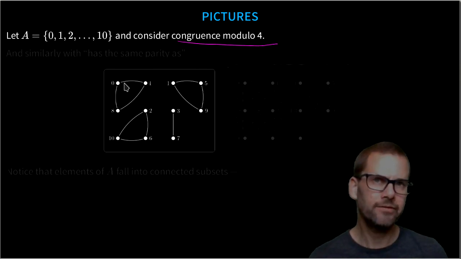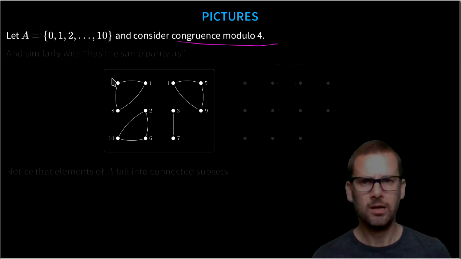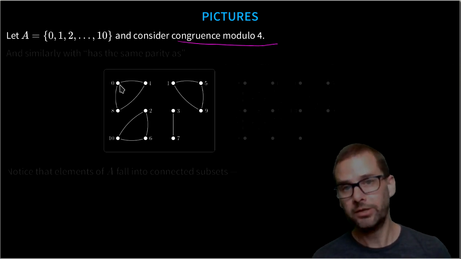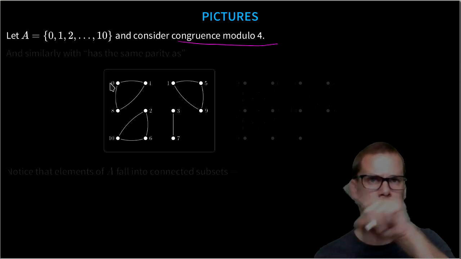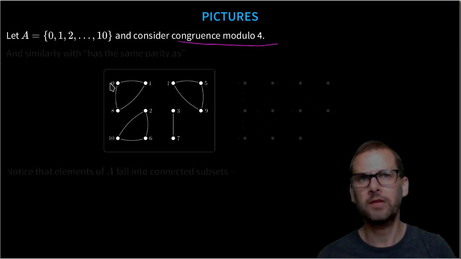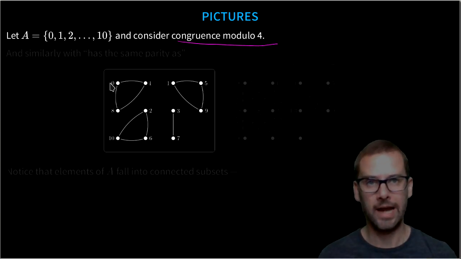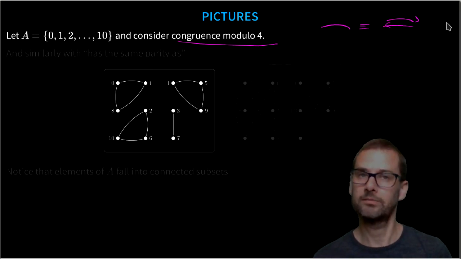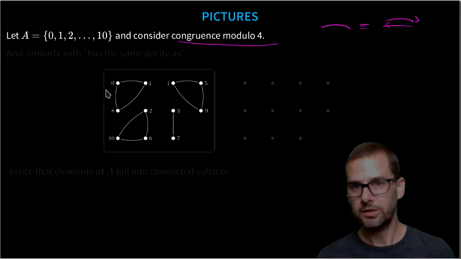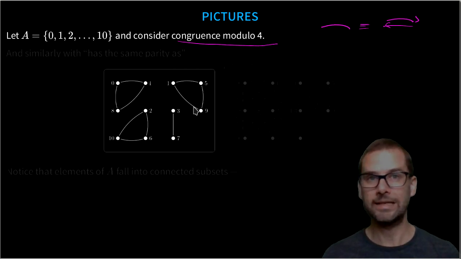And notice I haven't drawn arrowheads here because we know it's symmetric. So if 0 is related to 4, we know 4 is related to 0. So rather than drawing arrows everywhere in both directions, I'm just drawing an arc without an arrow, because we should assume that if we see this, then this is equivalent to this, an arrow in both directions. So 0, 4, and 8 form a little clique here.